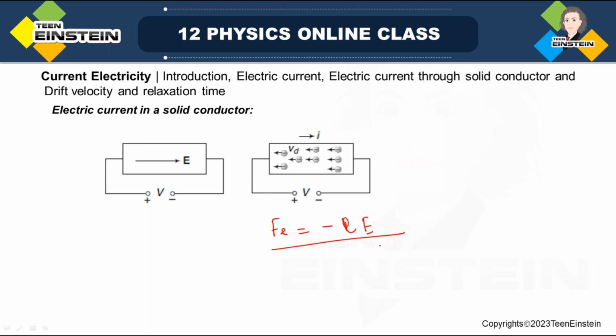If each electron has mass me, then I can write the acceleration produced in the electron due to this electric field.